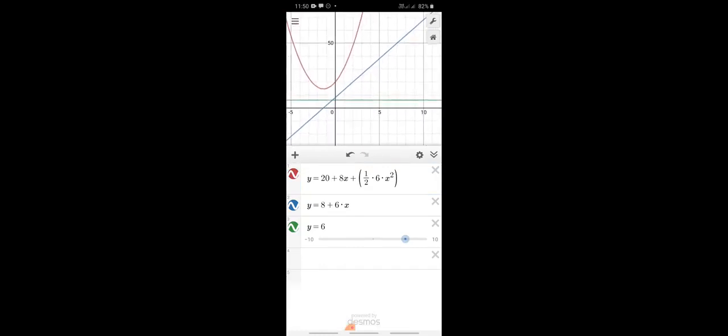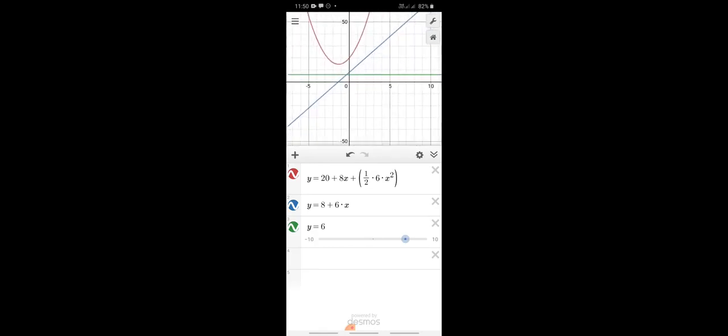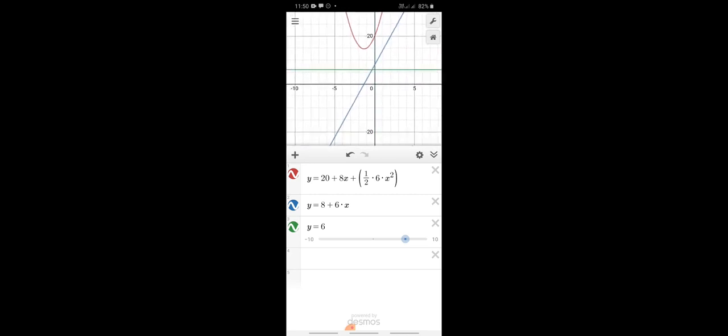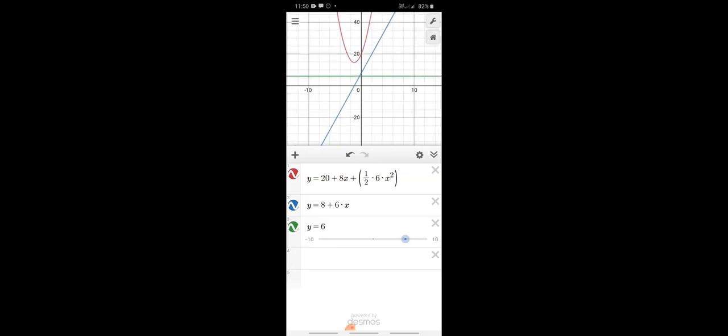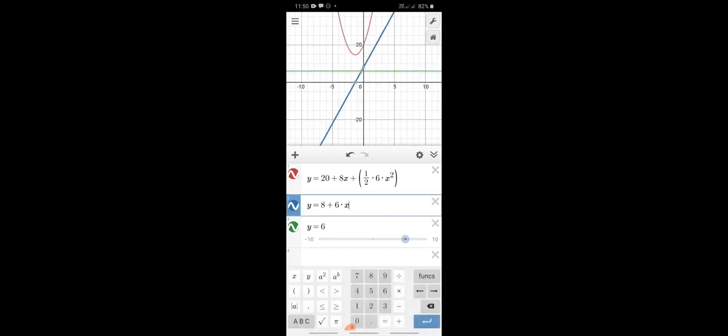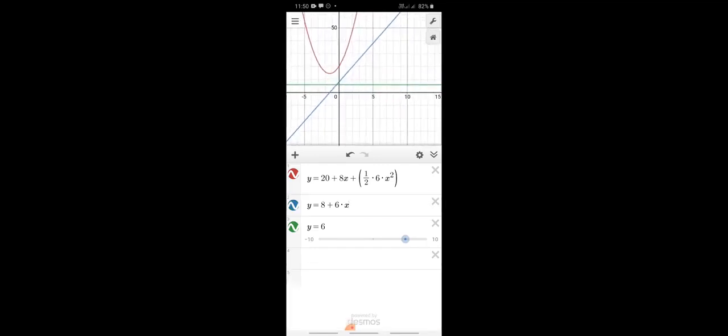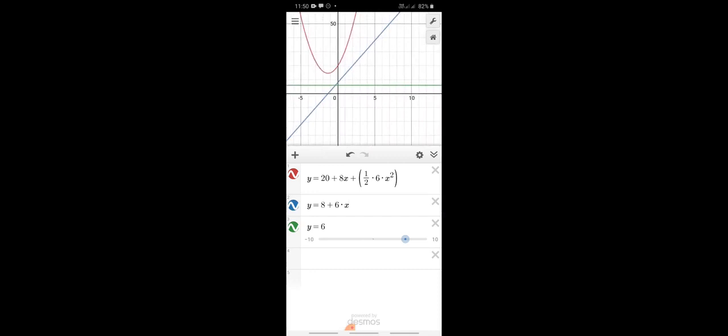If you look at the positive axis, you can see that the curve is going up. The starting point is around 20, right? You started your motion around 20, and the velocity graph is the blue line. The blue line represents the velocity time graph, and the green line represents the acceleration graph.